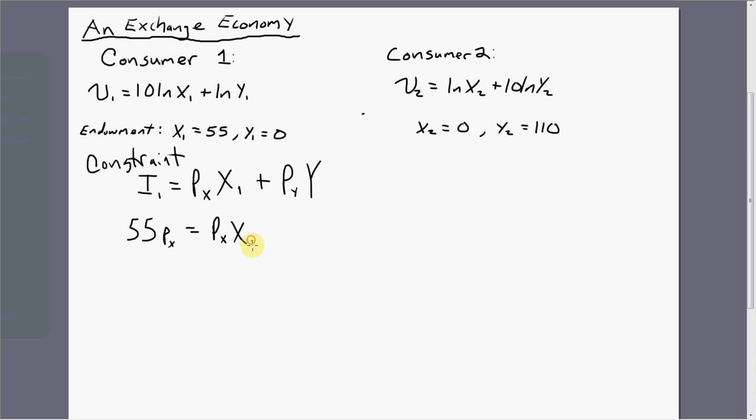And I'm just going to rewrite everything this way. Oops, let me put a 1 on the Y here, one subscript on the Y. And one thing I'm going to do here, I'm going to divide everything through by PY, by the price of good Y. You'll see why in a minute.